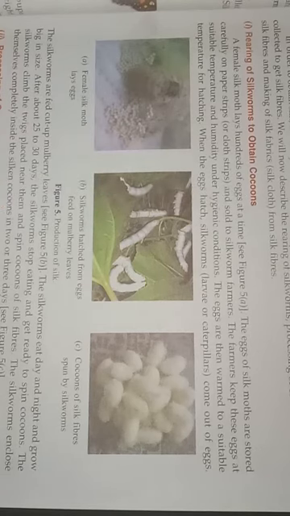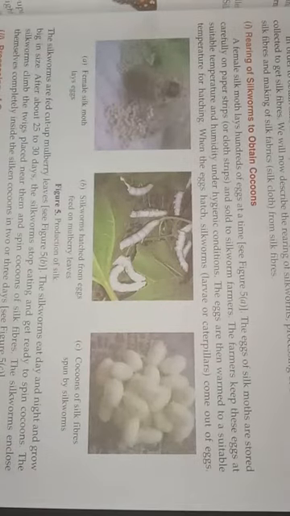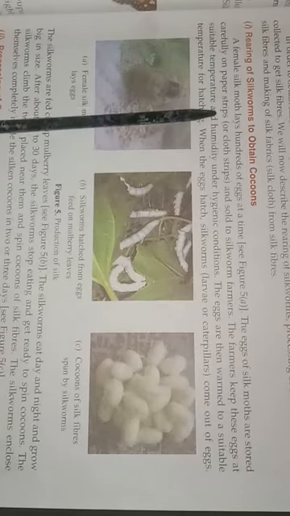By rearing the silkworm. The female silk moth lays hundreds of eggs at a single time. When it lays the eggs, they are kept carefully on a paper strip and sold to the silkworm farmers.